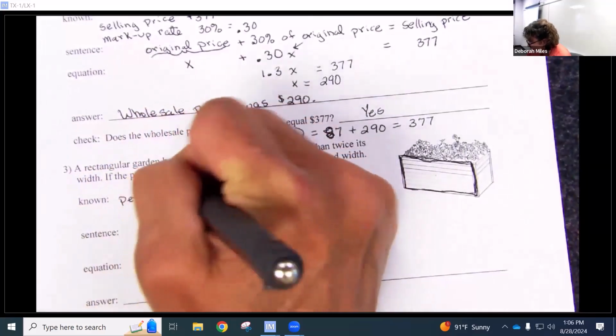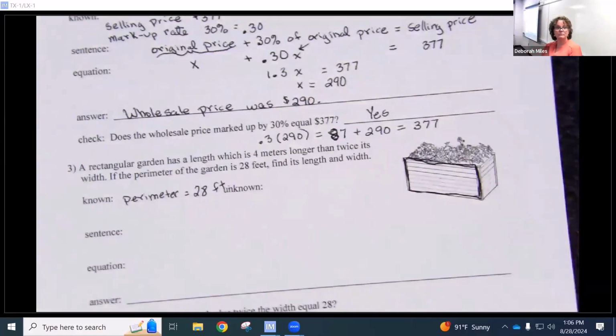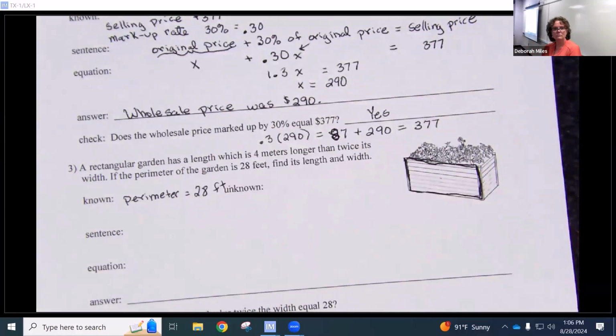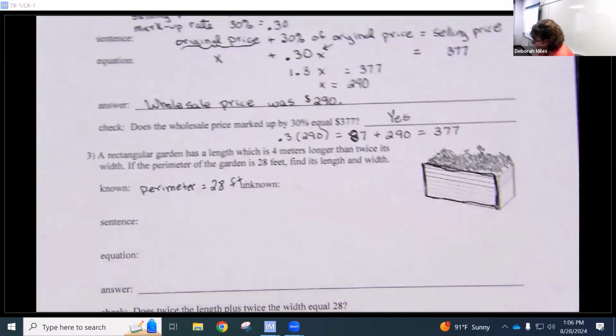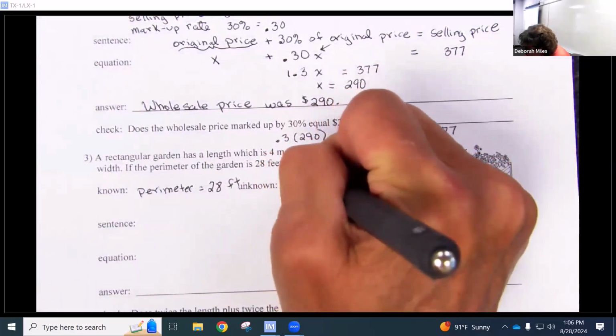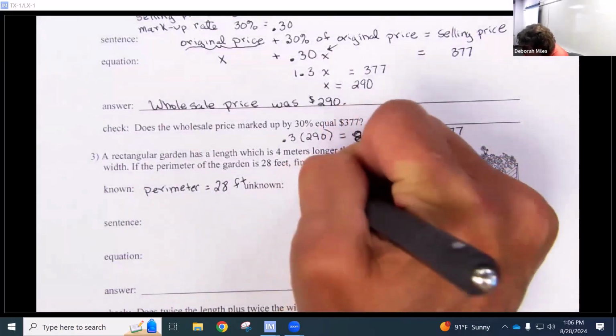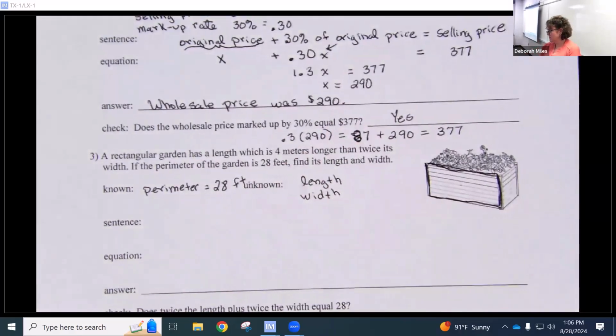And that's 28 feet. And what I don't know is the length and the width. What I'm looking for. So I'm going to need to use some algebraic expressions for the length and the width.